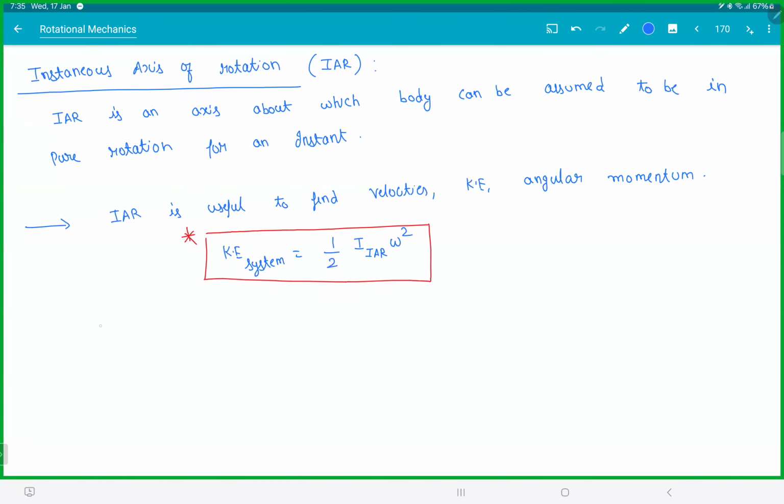One thing you have to be careful about, it is not preferable to take torque about it, because IAR is not at rest, it can be a non-inertial frame. So whenever you talk about IAR, don't take torque about that, but you can find energy, velocity, all that stuff about that.